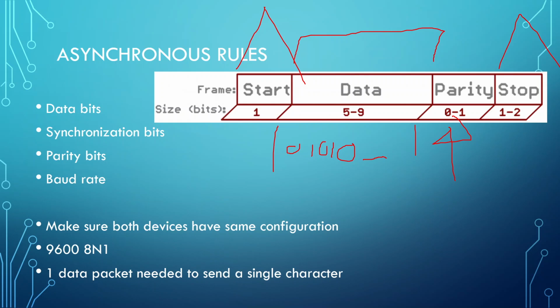So here I have 2 ones, so that's 2. Is 2 an even number? Yes. So the parity bit would be a 0. If my data was odd, I had 1, 1, 0, 1, 0, and I was still doing even parity, it would be a 1. So that way, when you add up all that information, that number is always going to be an even number.